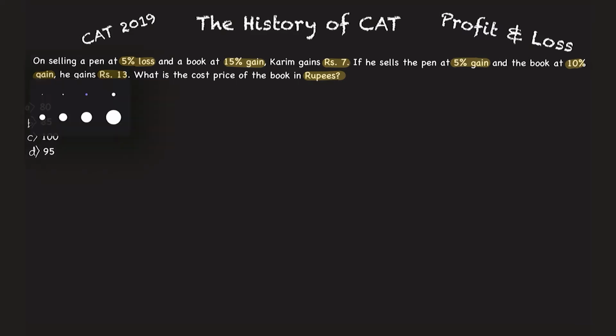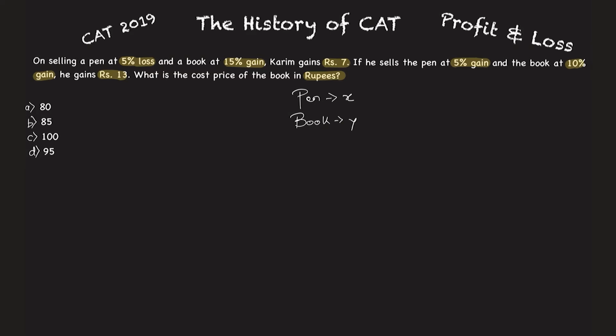First we'll start with the first case. Let the cost price of the pen be equal to X and the cost price of the book be equal to Y. That's how I'll start the problem.